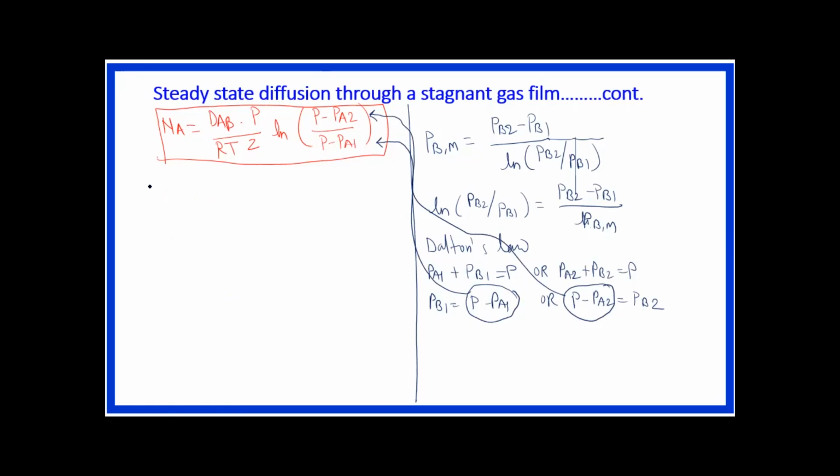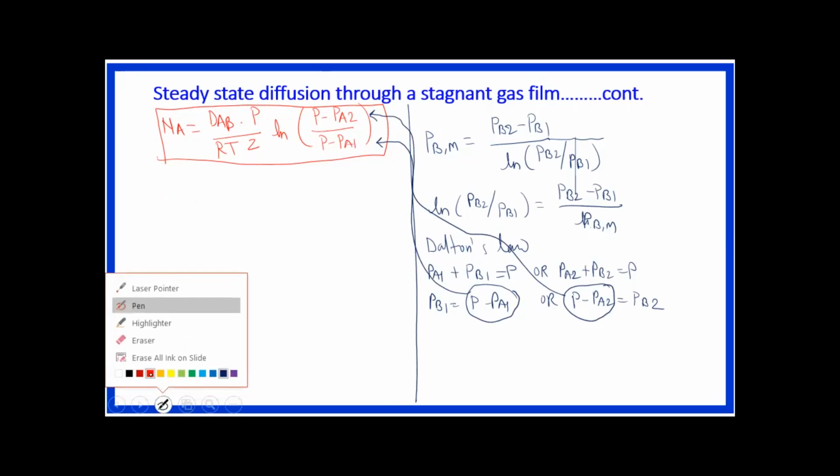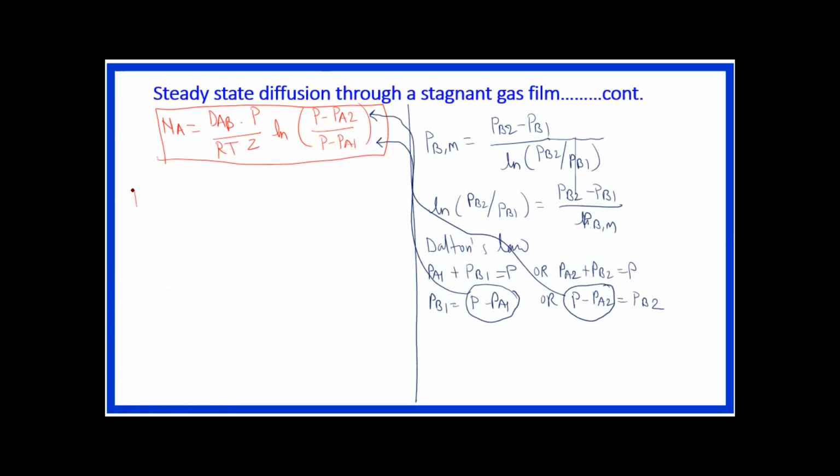So from this equation becomes N equal to DAB into P upon RT Z ln of, now this P minus PA2 is PB2 and this P minus PA1 is PB1. Right? So this ln of PB2 by PB1.